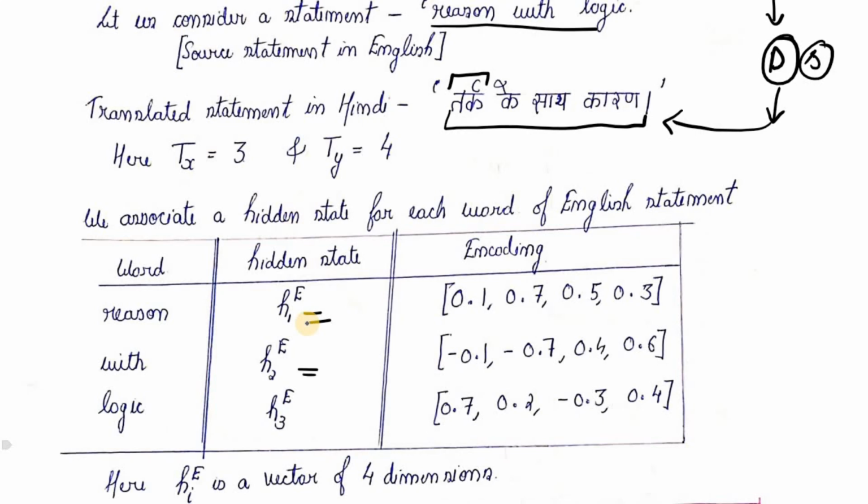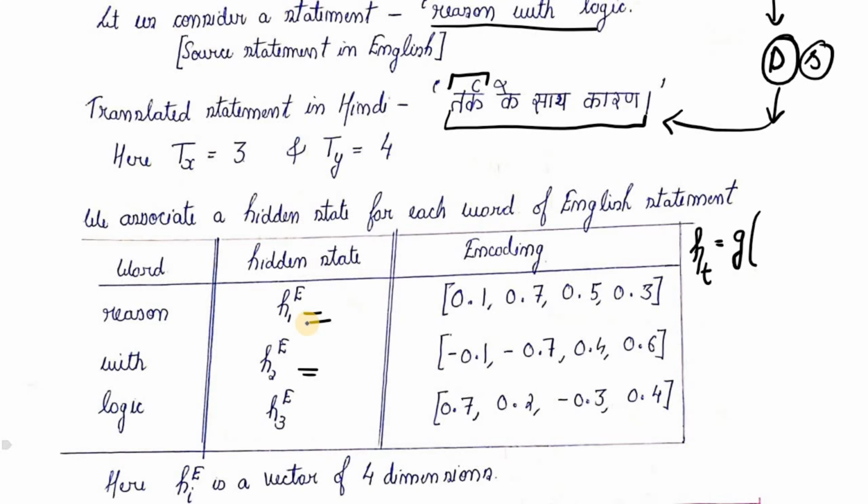Now "with" is again another hidden state. It is determined on the basis of the hidden state H1E of the encoder. Reason came first, and based on the hidden state generated by reason, we generate the hidden state corresponding to "with". This is the encoding coming out of the word "with", and it is again a hidden state with four nodes, looking like this. Ideally these are some values which I have put in, but if you remember the architecture of the vanilla RNN, it was looking like this.